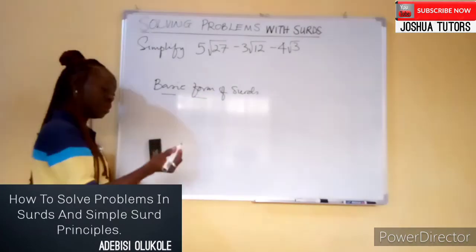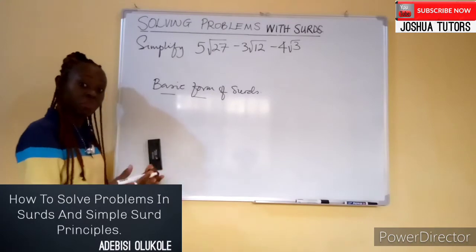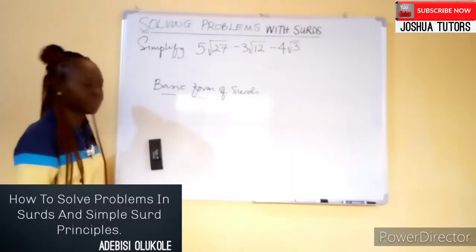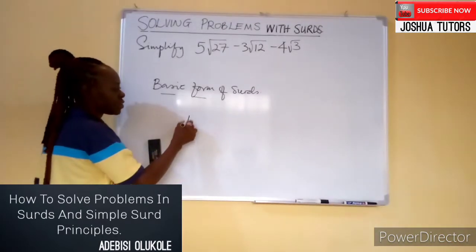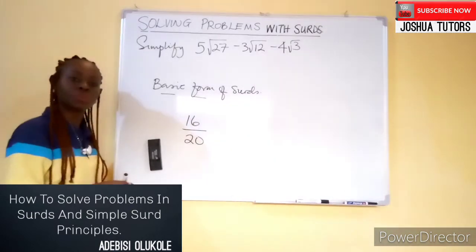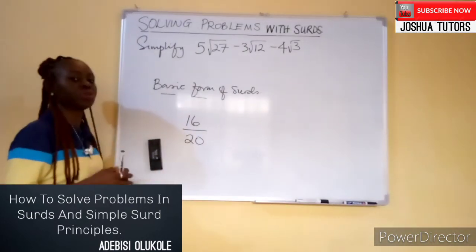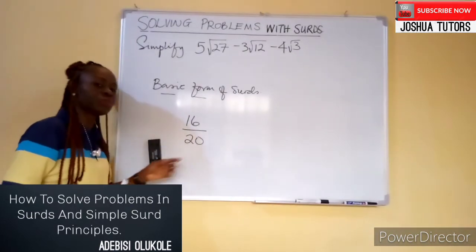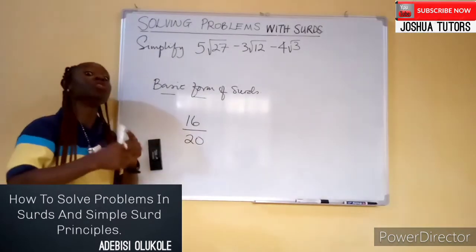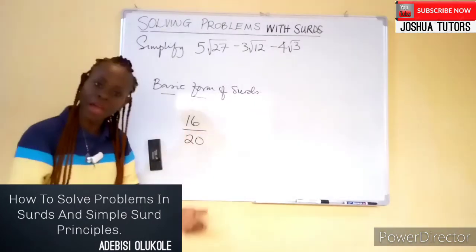For example, even in fractions, we have the basic form of a fraction, the simplest form or the lowest term. You have a fraction like this, let's say 16 over 20, and you are asked to simplify this fraction. It means reduce this fraction to its lowest term. In other words, divide until you can no longer divide.